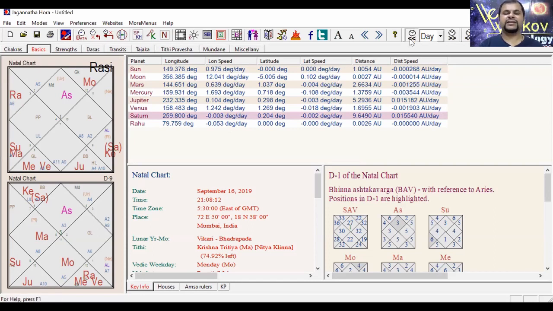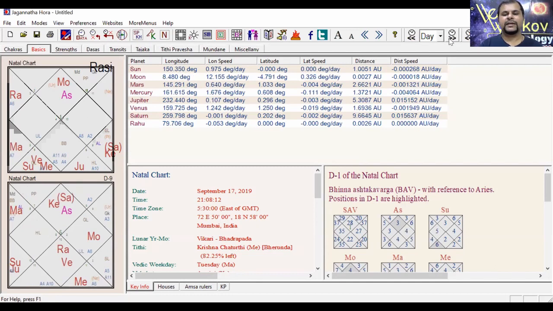If we check the speed of yesterday, it was 0.004. The day before that it was more. And if we check the speed of tomorrow, that is 17th of September, it is 0.001, which is practically 0. And on 18th, it is 0.001.